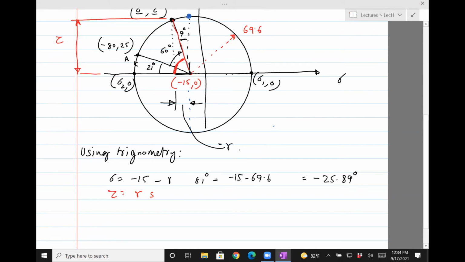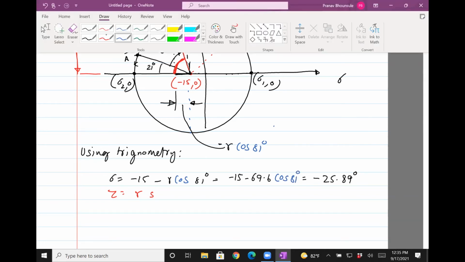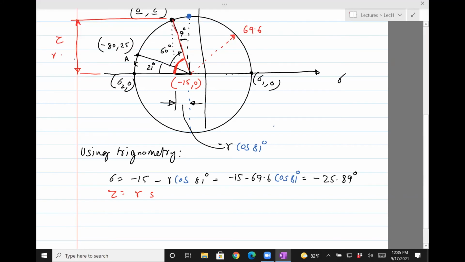So please correct this. This is cosine 81 degrees. And this should be r sine 81 degrees. So r sine 81 degrees, and so that is equal to 68.78.